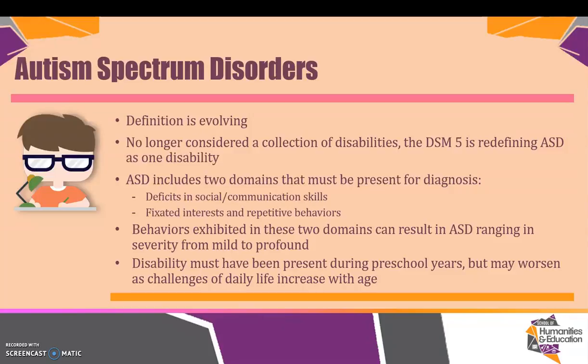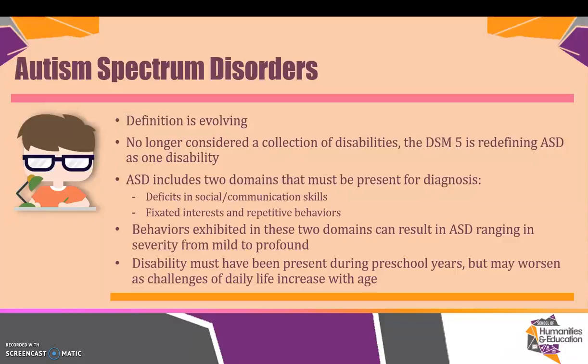There are now 2 domains rather than 3, and the new domains are social communication and restricted and repetitive patterns of behaviors, interests, and activities. The behaviors in each domain may be present currently or on history given by parents or other relevant persons.